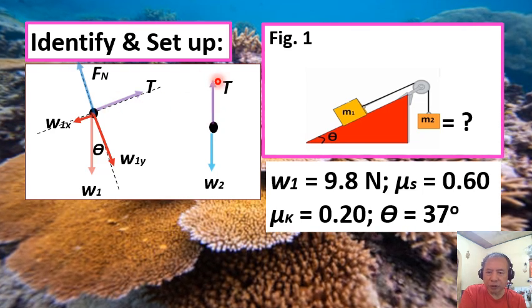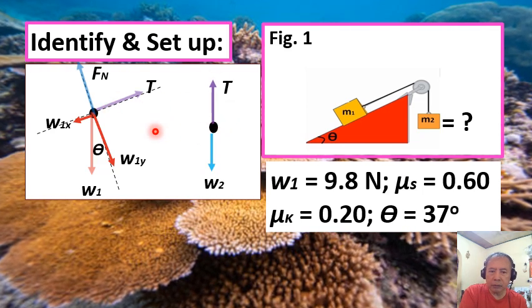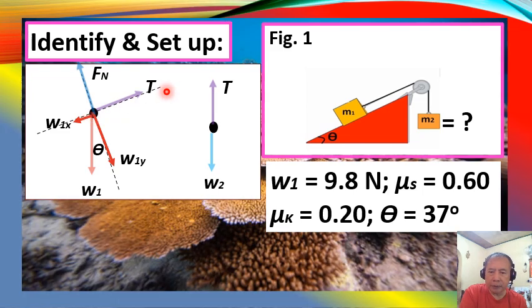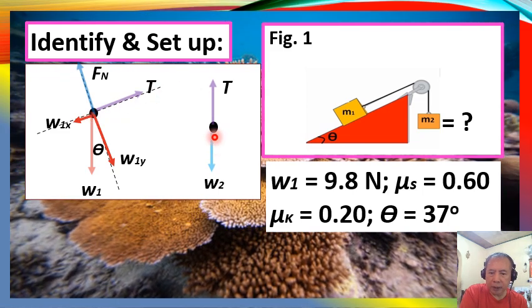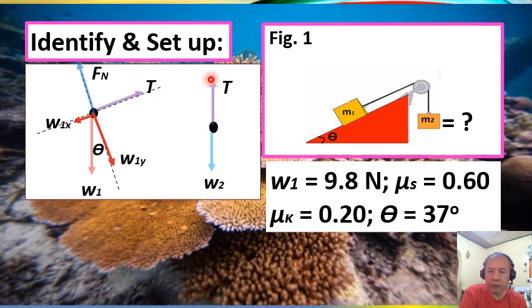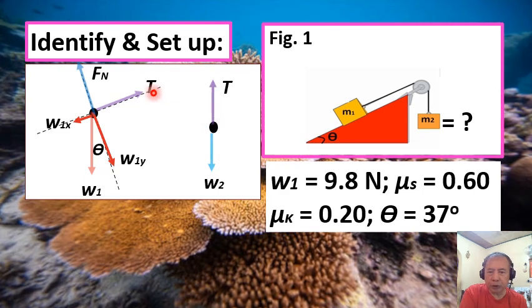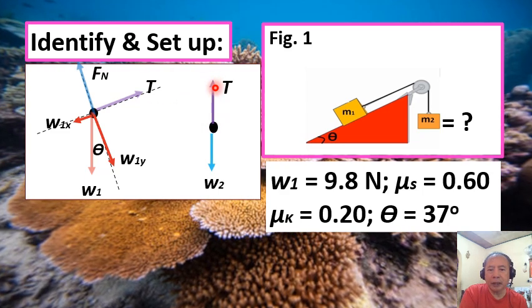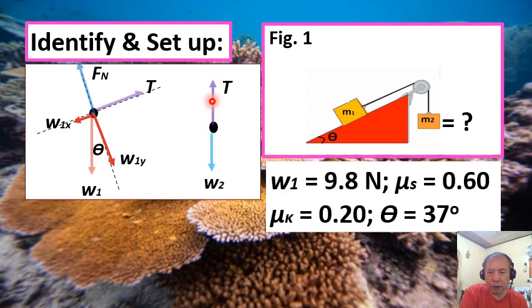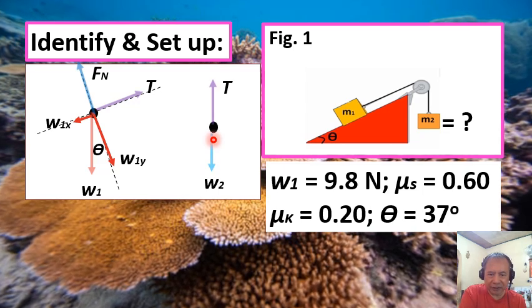The two tensions on m1 and m2 are equal in magnitude but opposite in direction. In fact, they are an action-reaction pair of forces.